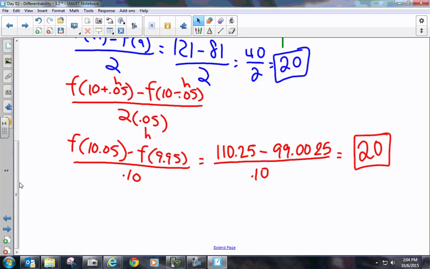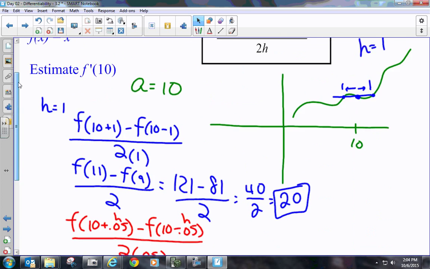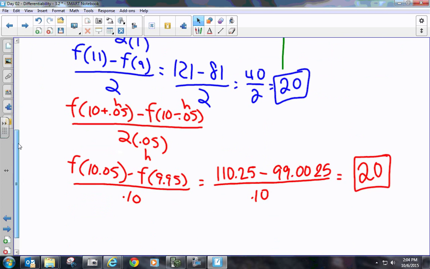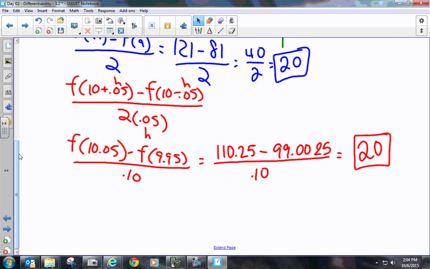It's just cool stuff. Yes, question in the back. What do you think? Take 10.05 and square it. Ooh, did someone make a boo-boo? 10.05 squared.